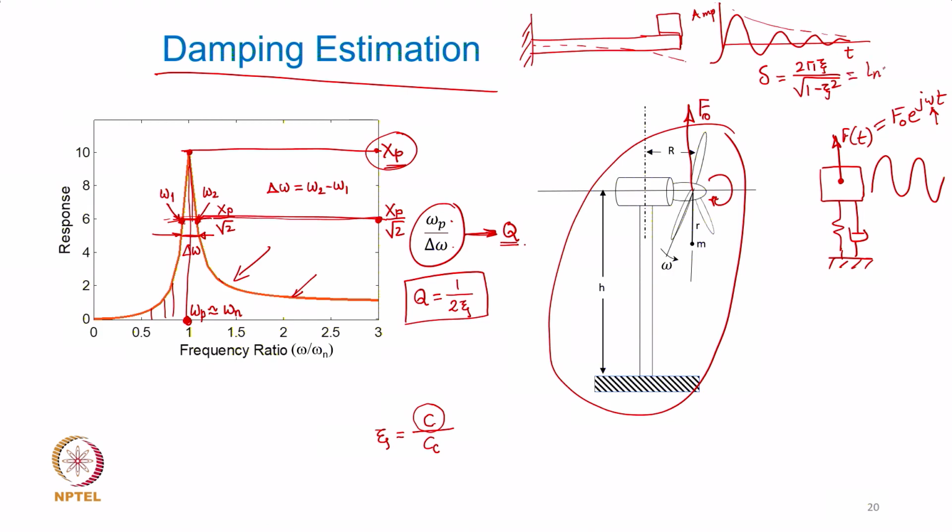You remember that? How did you obtain that? You obtained it by taking the natural log of x1 over x2, two consecutive response amplitudes. So, if this is x1 and this is x2, these two amplitudes will give me this ratio from practically measuring the free vibration response of the system.